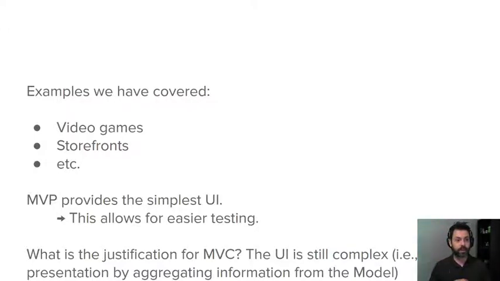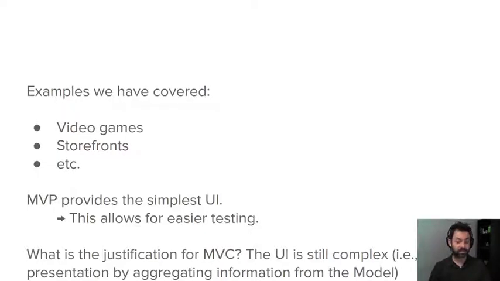With the MVC framework, it can be a little bit more complicated because there can be logic in the view, right? So there can be additional responsibilities that the view performs. With MVP, all you are showing is information. You are making no decisions whatsoever. That makes it a simple user interface to code up.